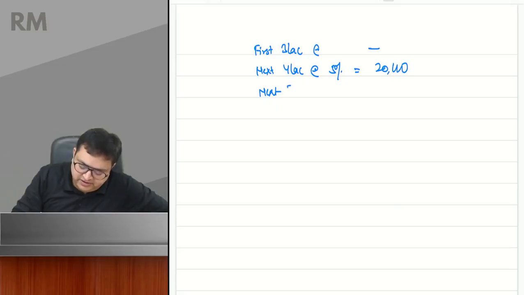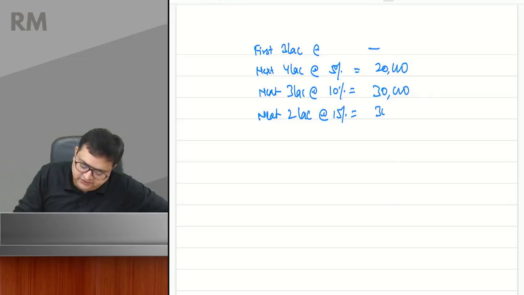Next 7 to 10, 3 lakh at a rate of 10%, 30,000. Then next 10 to 12, next 2 lakh at a rate of 15%, it would be 30,000 again. Next 3 lakh at a rate of 20%, it is 60,000.